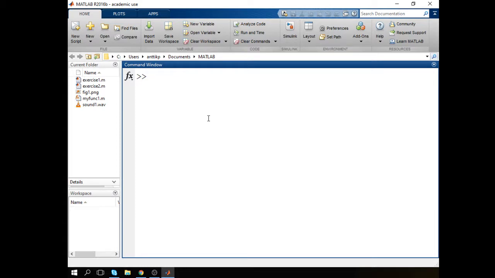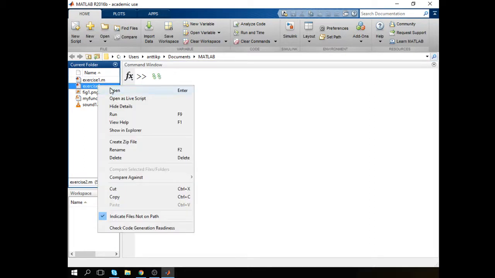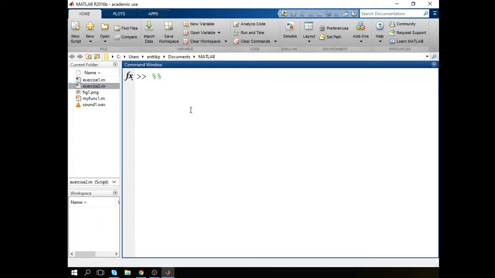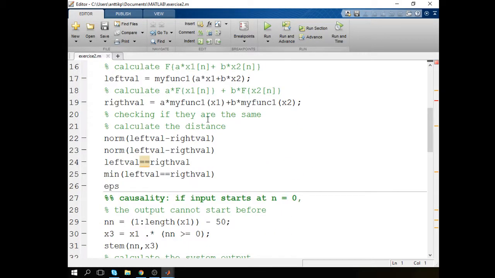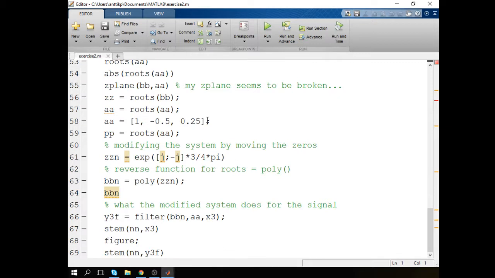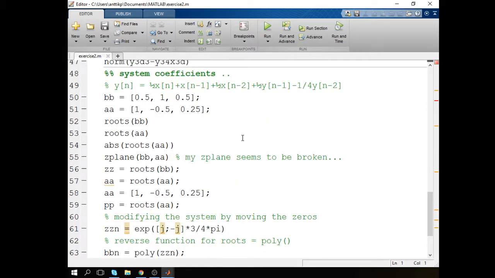I have MATLAB already running. So the first part was the impulse response. Just a moment, I'll check what we did yesterday. There, brute force of linearity. Okay, functions. Wow, we have done a lot.